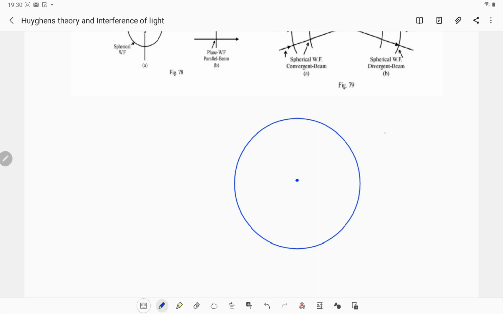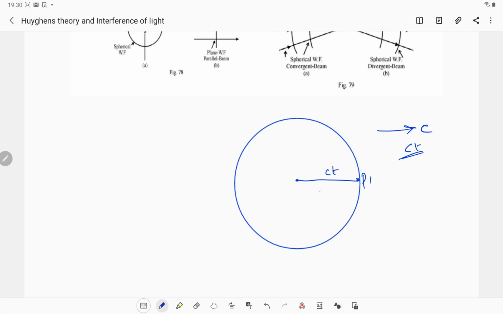This source emits waves that travel with a velocity c. After time t, it travels a distance ct. Here ct is the radius and the point source is at the center. So this is the distance ct.